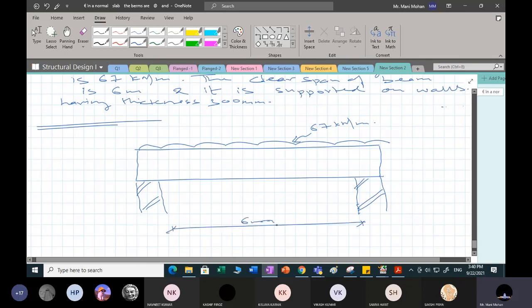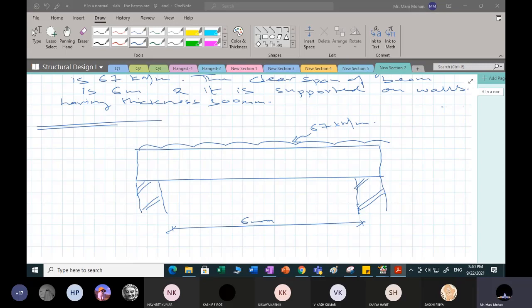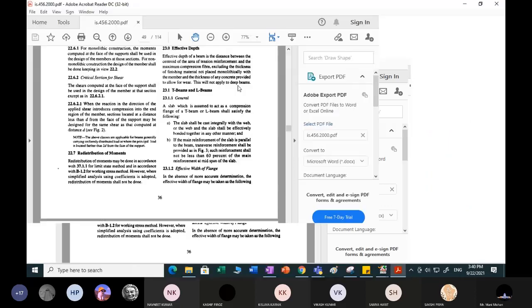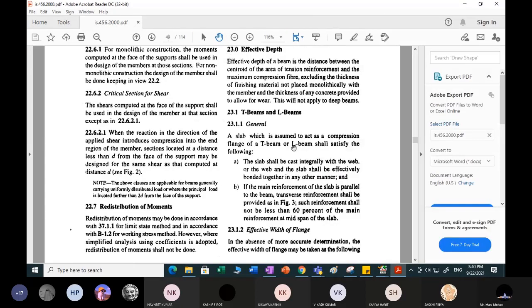Yesterday I was talking about the critical section. In the code it talks about this critical section. Let me show you that page. Here it is, critical section for shear. It is mentioning the shear computed at the face of the support shall be used in the design of the member.